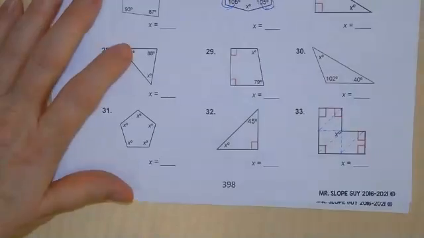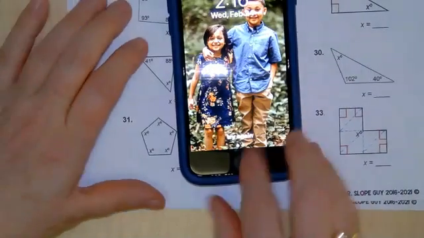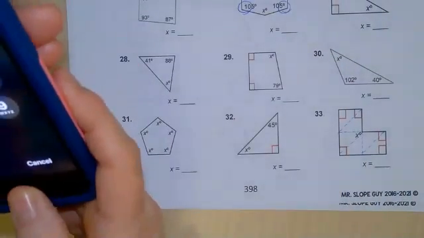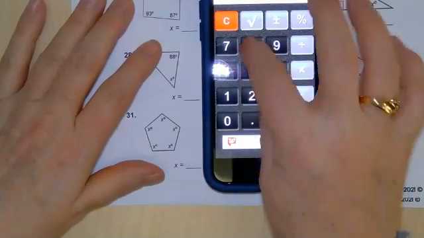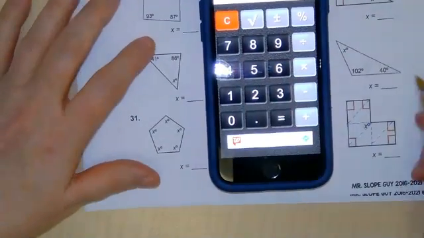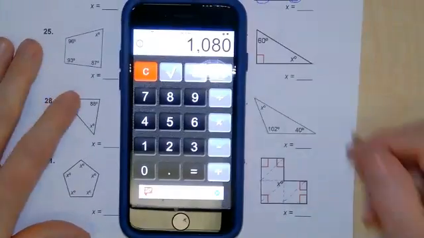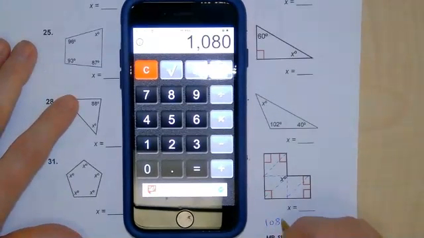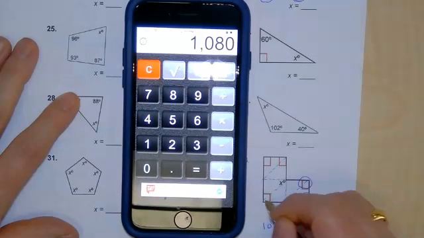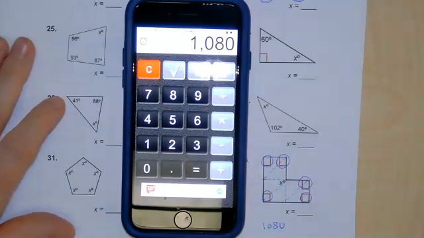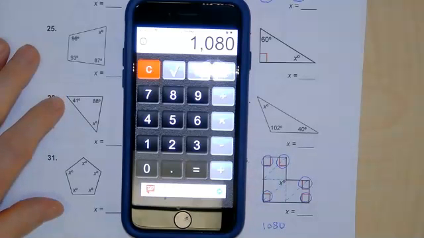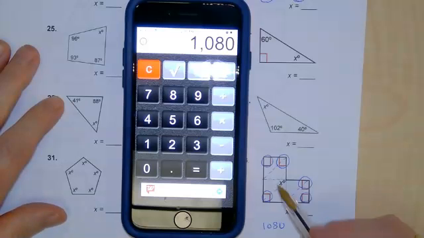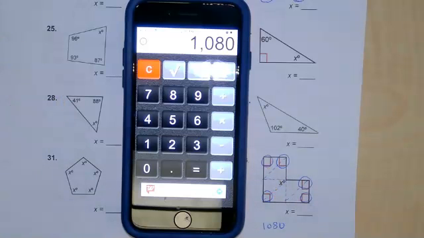So 180 times 6. 1,080 is the total, and I have to subtract. 1, 2, 3, 4, 5, 6 triangles.